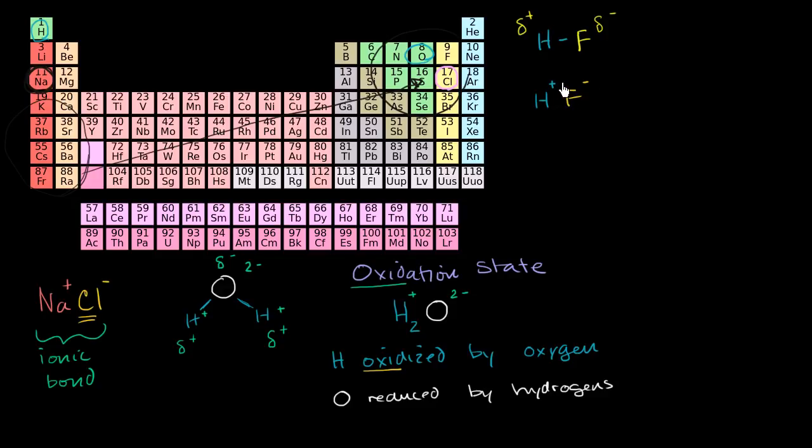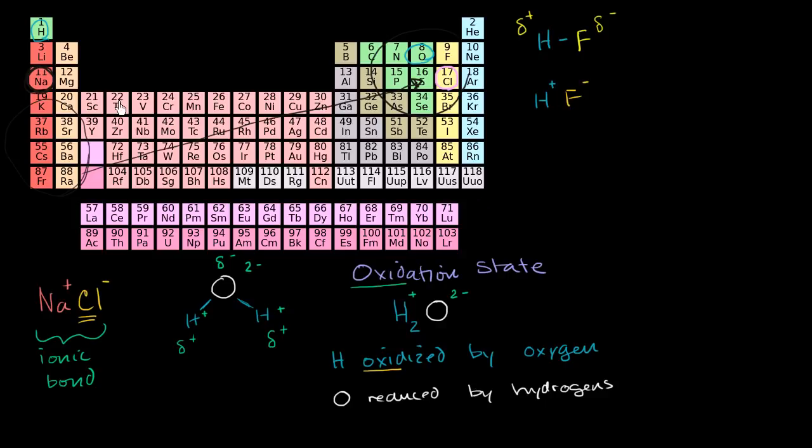This is a hypothetical. Once again, the reality is they're partial. It's a covalent bond. But the hypothetical one is a full positive charge here and a full negative charge here. And so we would say that the oxidation state in this molecule for hydrogen is +1, and the oxidation state for fluorine in this molecule is -1.